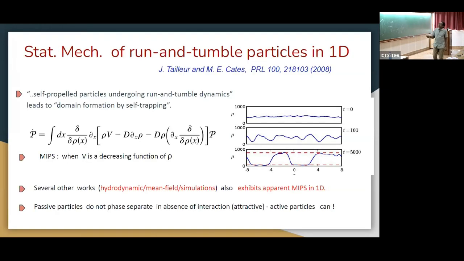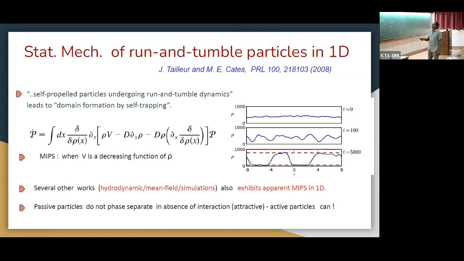What they do is take a continuum density without any noise and write a Fokker-Planck equation. They find that this hydrodynamic, or mean field, description actually gives you a phase separated state. If you start with a density like that in a certain parameter range, and wait sufficiently long, you can get an inhomogeneous density profile as you have seen earlier.